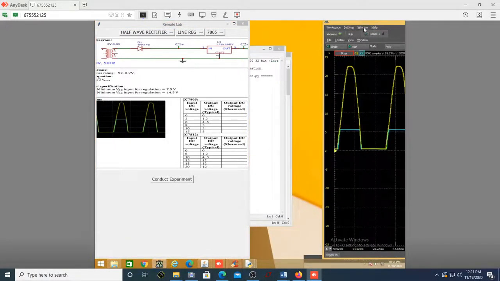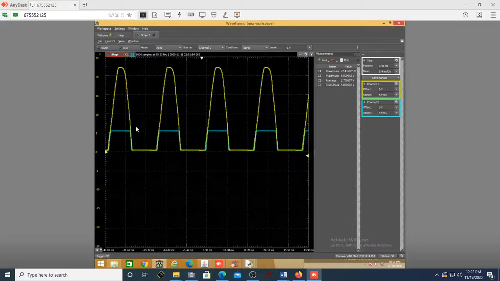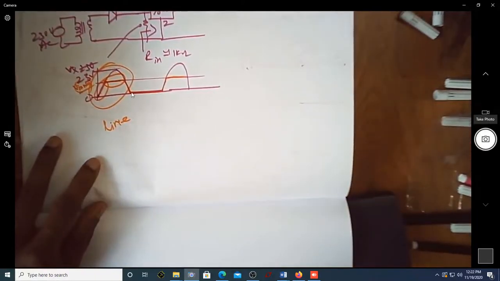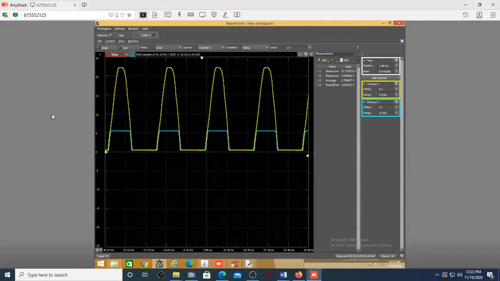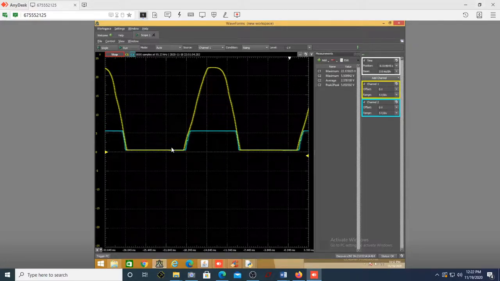See now the input voltage, is it a half rectified signal as we expected here? Are we applying a signal which is something like this? This is a half rectified signal, and you can see the output voltage goes along with that and it becomes constant after that minimum voltage. You can see that here also. Let me just expand this.